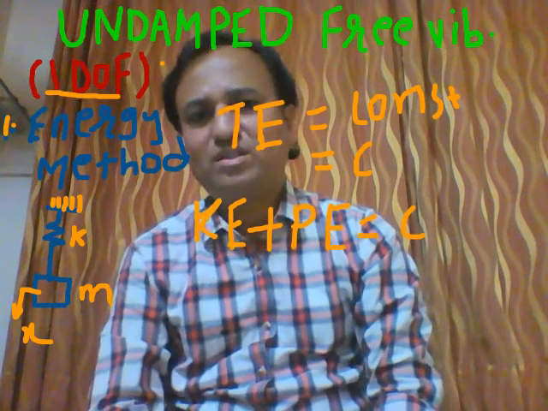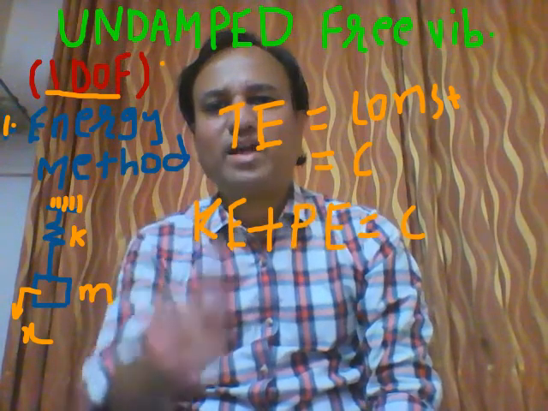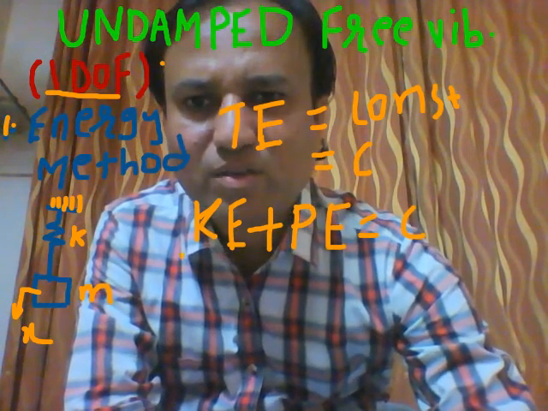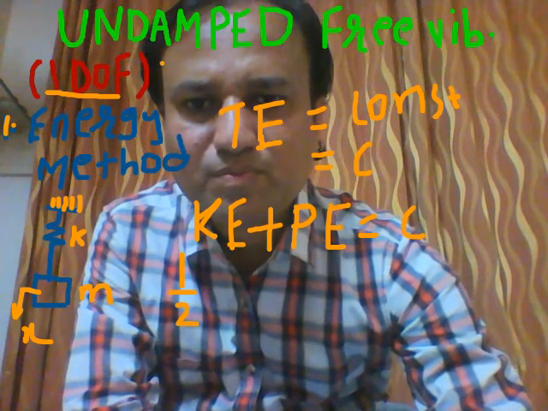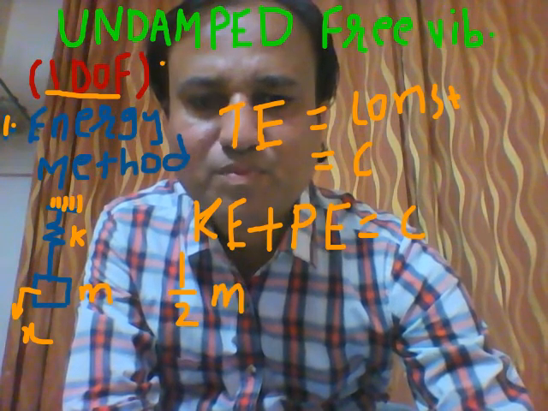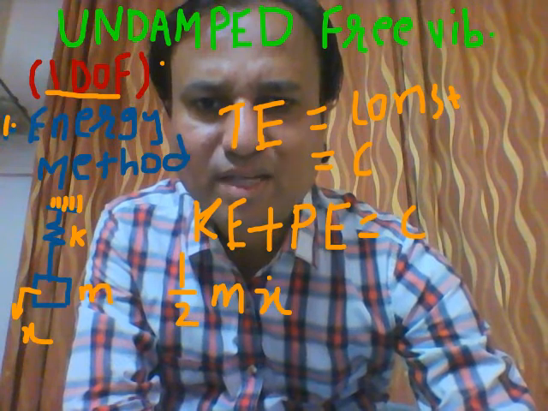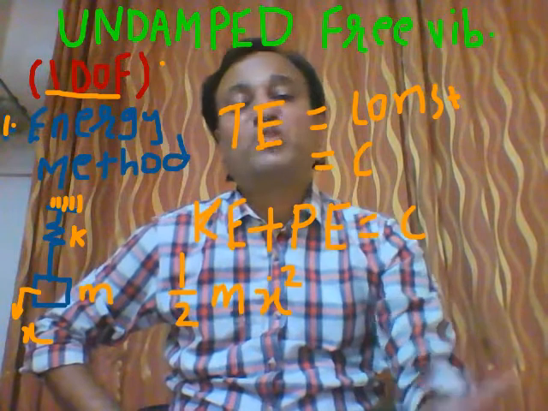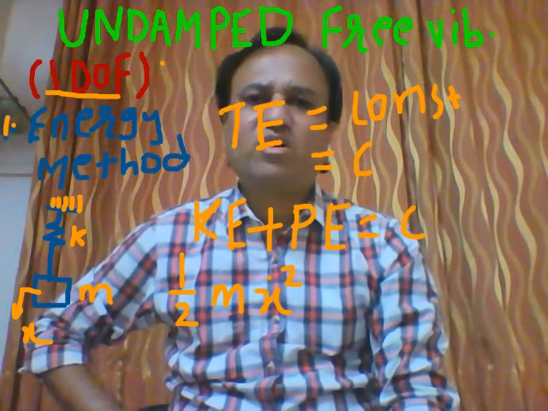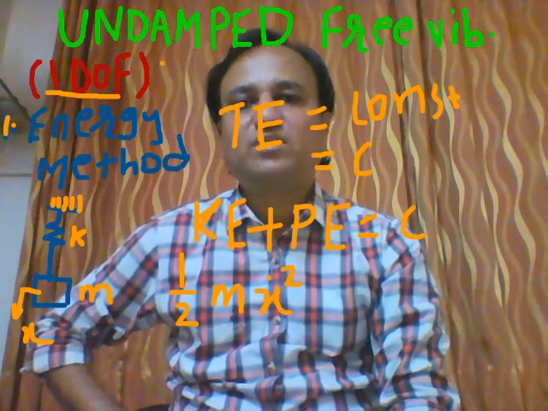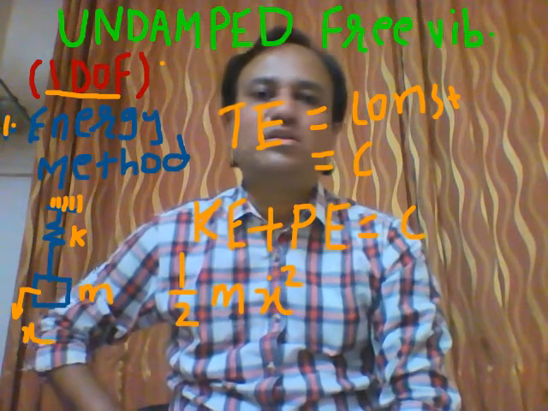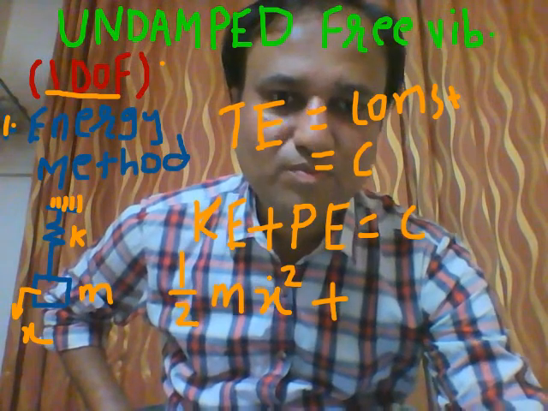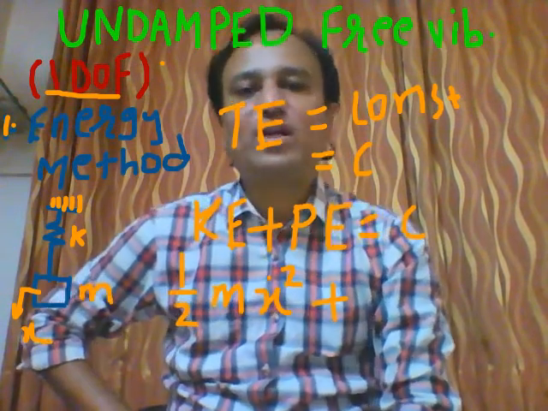So that is the generalized statement. Now students, kinetic energy for this spring and mass system, I will directly write down: 1/2 m x dot square, where m is the mass and x dot is the velocity of this mass. For potential energy at a certain elevation, you calculate mgh.